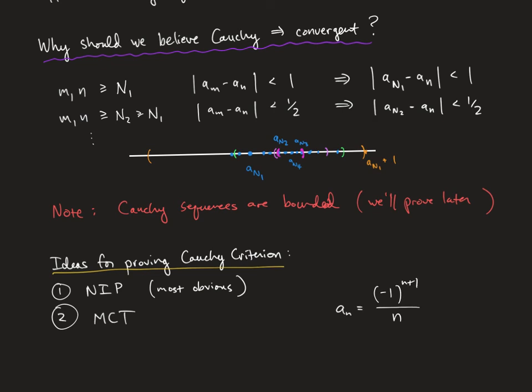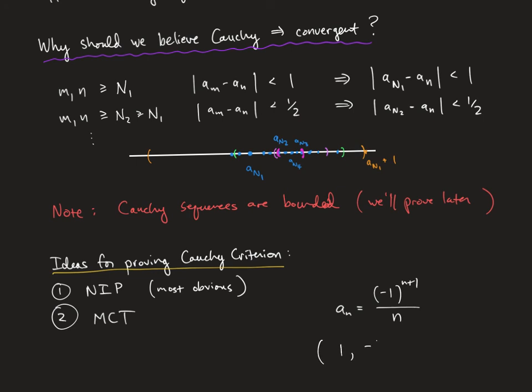If we set a_n equal to that, that's clearly a Cauchy sequence and it's converging to 0. But it's not a monotone sequence because it's jumping back and forth between positive and negative numbers. So here we have a Cauchy sequence which is not monotone, so it seems like monotone convergence is kind of useless. Maybe I should write down a few terms of this sequence.